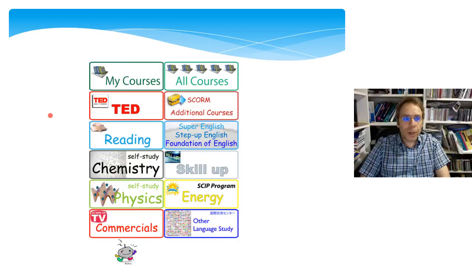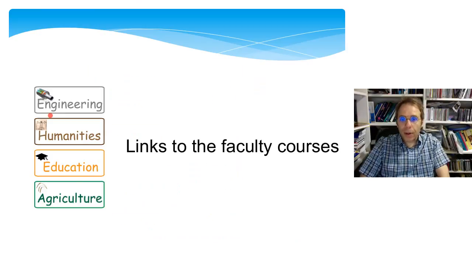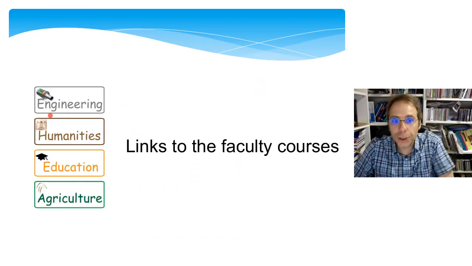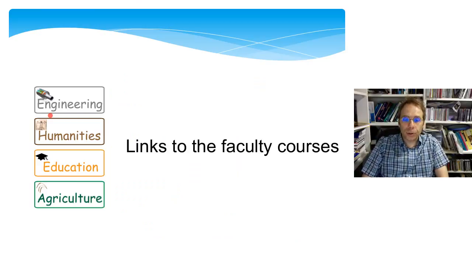All right. Now, in our university, we have 4 faculties. We have engineering, humanities, education, and agriculture. So if you click on the all courses area, you get led to this area here. So the students who are engineering, they can link to the engineering courses and humanities, et cetera, so they can go through and access any part of the site from here.